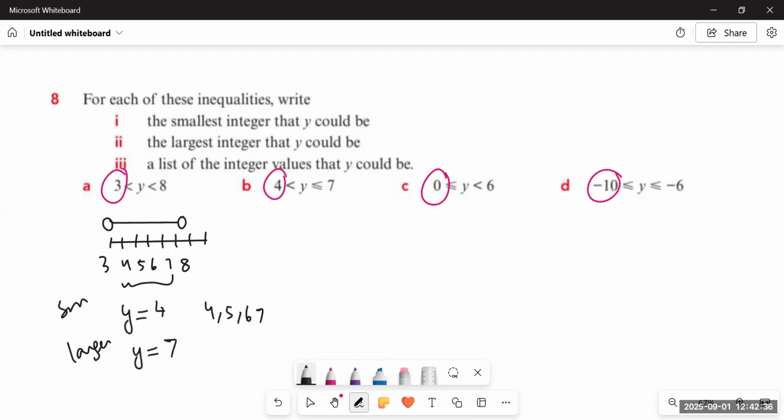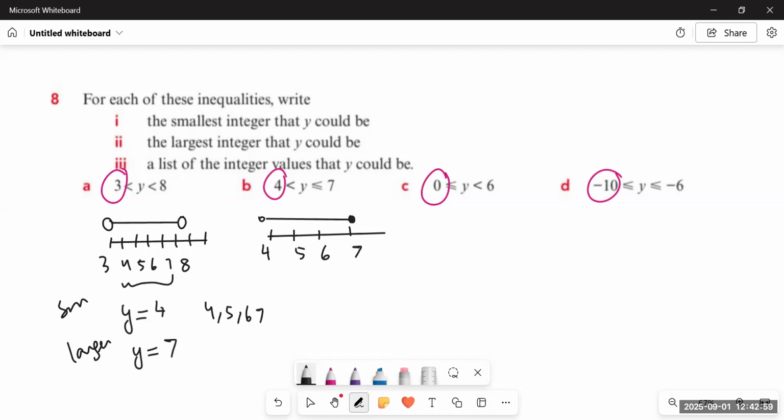Right? Similarly, let's draw a line over here between 4 and 7. 4, 5, 6, 7. Let's draw a line over here and let's see which circle to color. Since y is not equal to 4, we are not going to color 4, but y equals 7, so we will color this one.